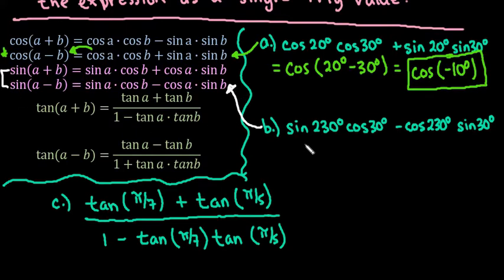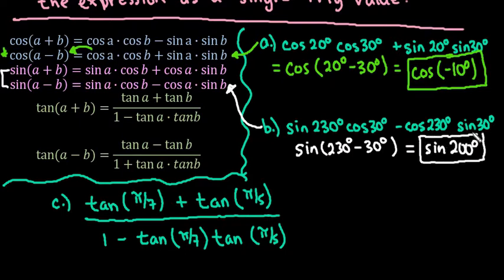So we would say that this is really sine of 230 minus 30. And then we can just simplify this and say that this is sine of 200 degrees. And that would be my final answer. Okay, so you're just trying to figure out, is it a sum or is it a difference?